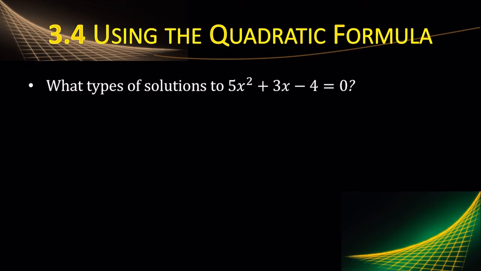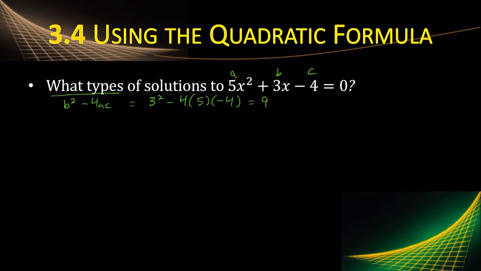So what types of solutions do we have for this equation? So notice it's saying what types. It doesn't actually ask us to solve it yet. So that's just the discriminant. So it'll be b squared minus 4ac. Well, this is a, b, c. So b is 3, a is 5, and c is negative 4.